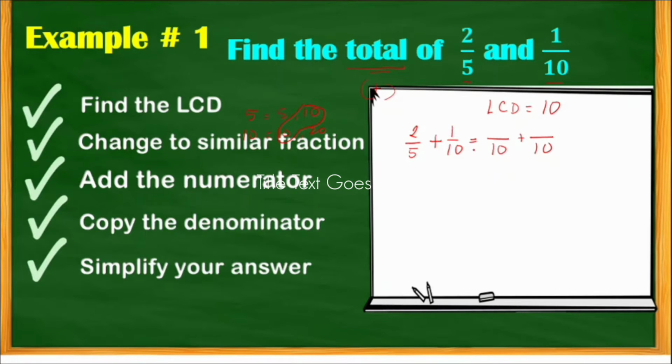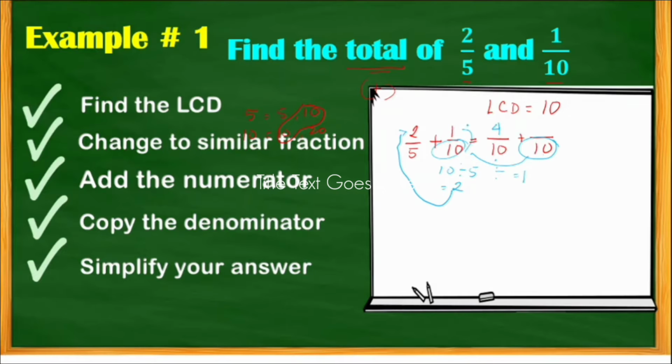And then we multiply 2 to the numerator of 2/5. The numerator is 2, so 2 times 2 is 4. Another one: we divide 10 by 10, the answer would be 1.